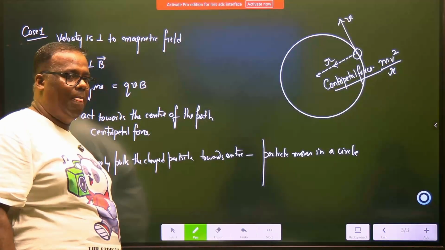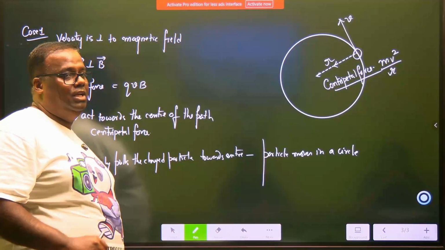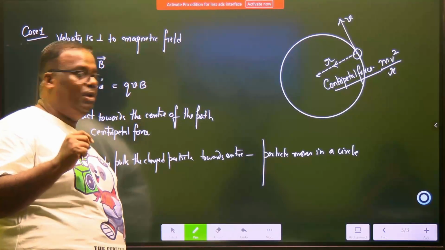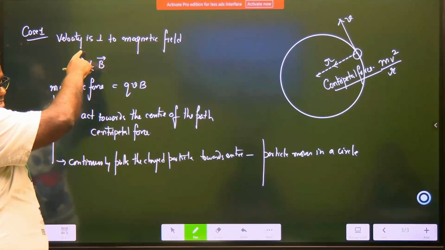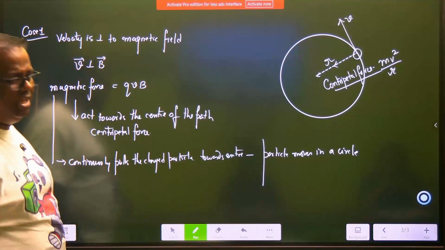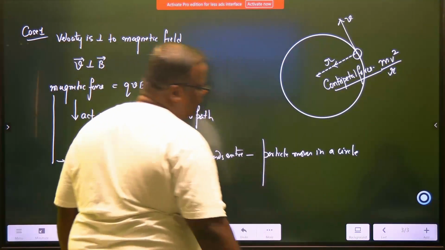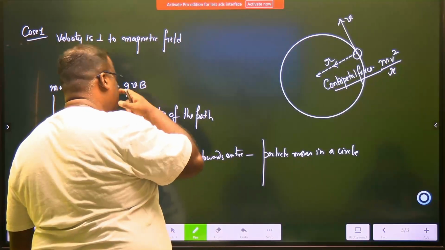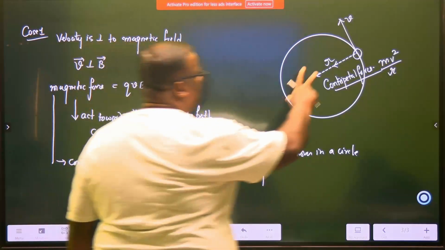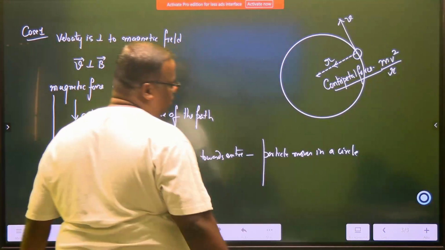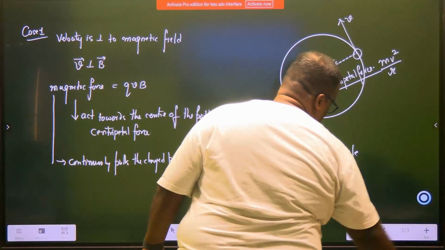Have you understood? However, velocity will not always be perpendicular. You've taken a very special case. Velocity will be at some angle, we will see that. But if it is perpendicular, then it will be moving in a circle. And if it moves in a circle, we should be able to find out the radius of that circle. So let's do some derivations for that.